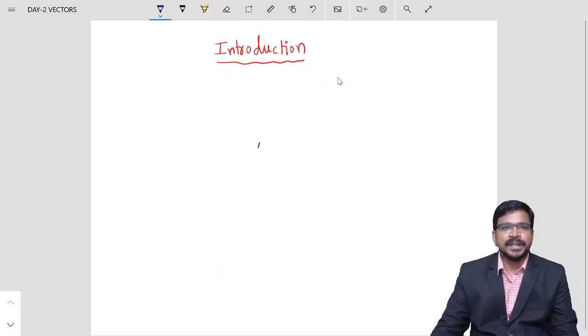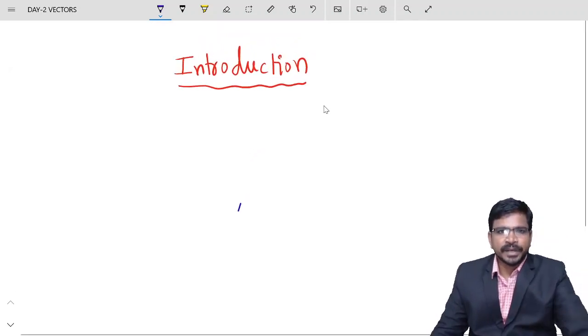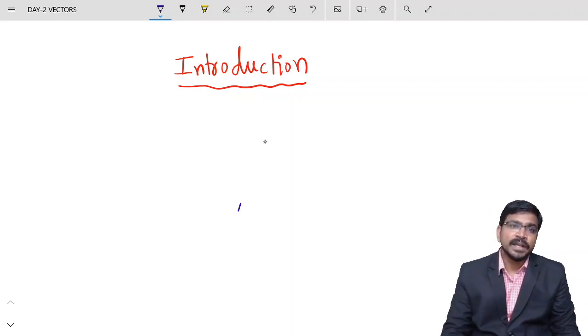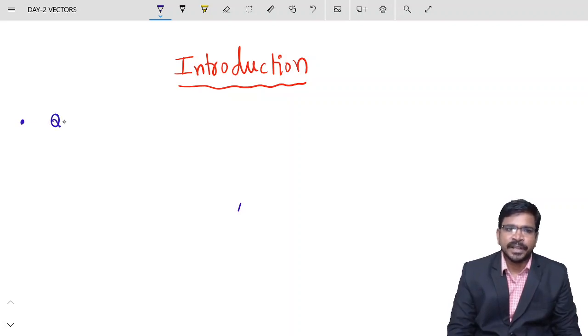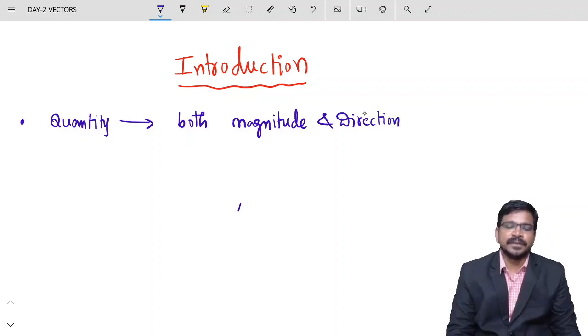The first thing we should focus on is what is meant by vectors, how many types there are, and what the representation is. Usually, a vector is a quantity which has both magnitude and direction, both magnitude and direction, that is a vector.